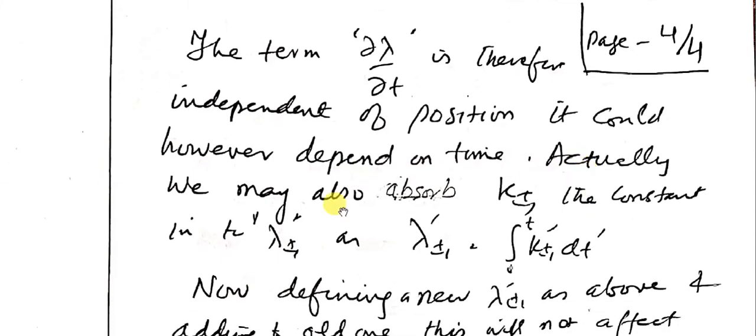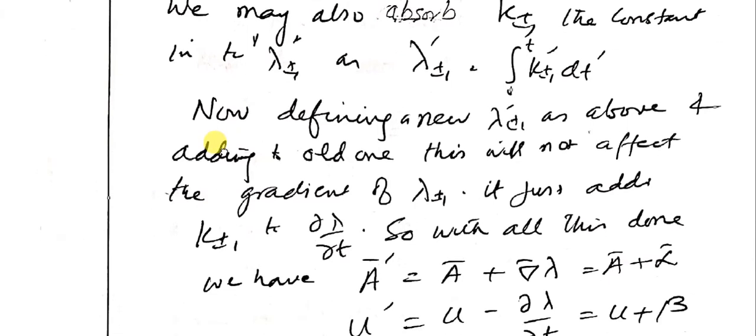Actually, we may also absorb k(t), the constant, into λ(t), as λ prime t is equal to the integral from 0 to t of k prime dt. So now defining a new λ prime t as above and adding to the old one, this will not affect the gradient of λ. It just adds k(t) to ∂λ/∂t.